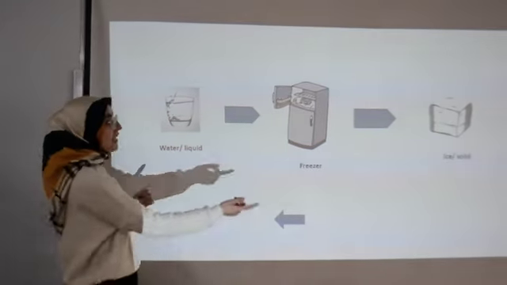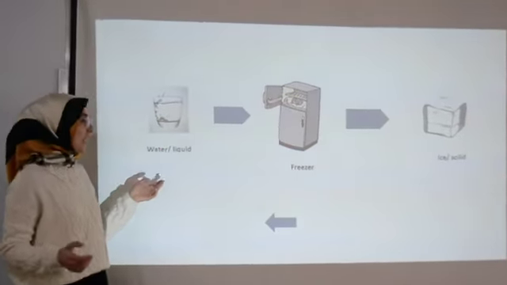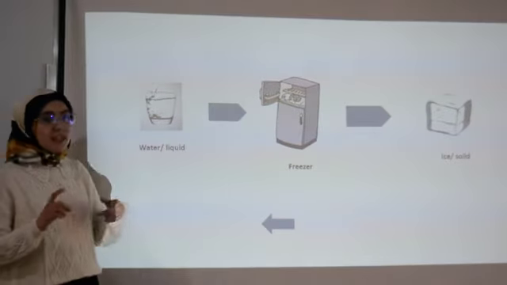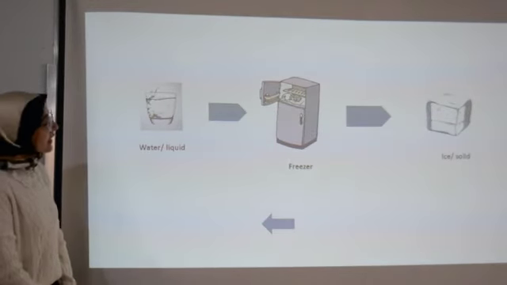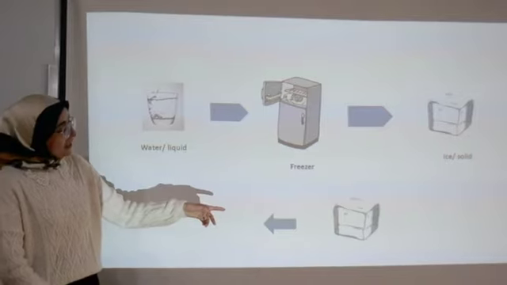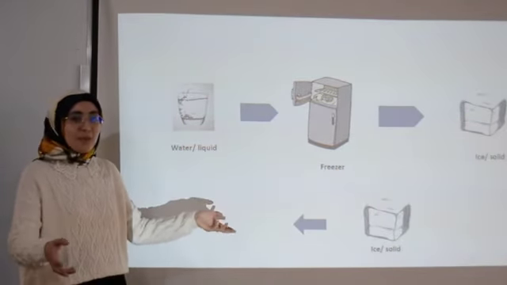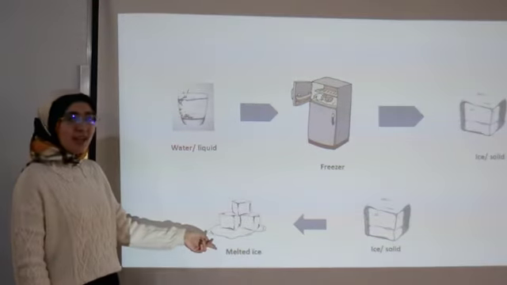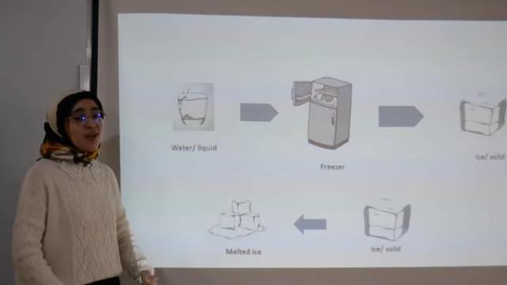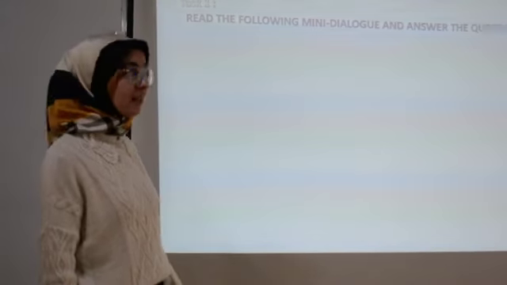Ice is the opposite of water. Do you agree with me? Of course yes. Liquid, solid are opposites. Now, if we change this, we put ice on fire. What happens? Ice melts. We will have a melted ice. Let's discover this in the next task.